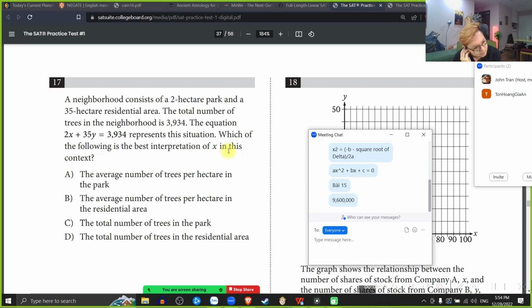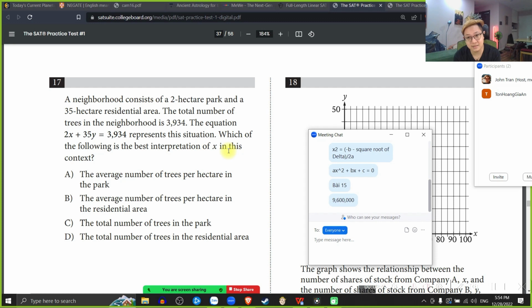The total number of trees in the neighborhood is 3,934.